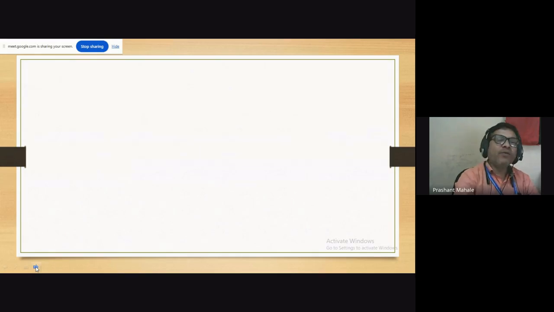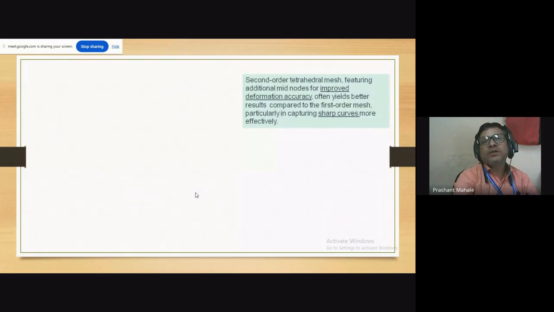So if I go for what is the effect, then here you can see that second order tetrahedral mesh featuring additional mid nodes for improved deformation accuracy often yield better results compared to the first order mesh, particularly in capturing sharp curves more effectively.